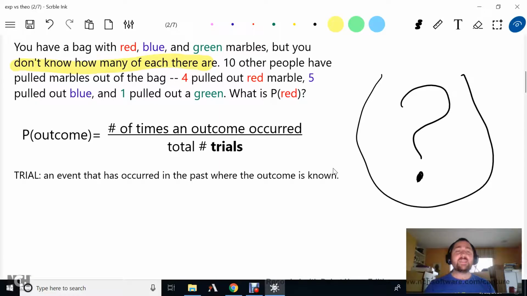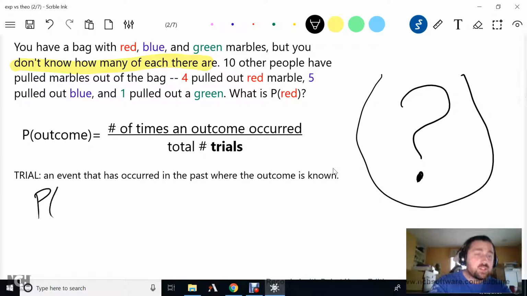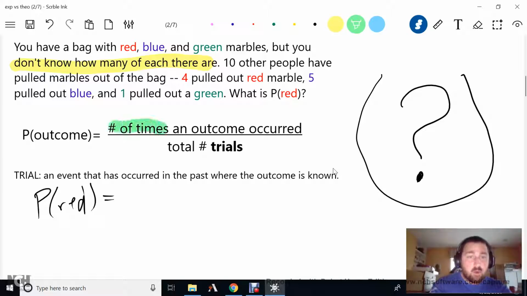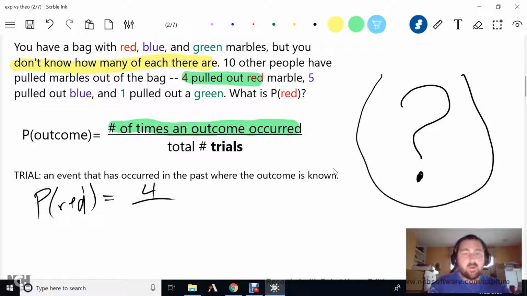You have this bag, you don't know how many marbles are in there, but you have this data that four people pulled out red, five pulled out blue, and one pulled out green. So to answer this probability question, the probability that you get a red marble would be the number of times that a red marble was pulled out of the bag, which was four, divided by the total number of times marbles were drawn. Those are the trials.